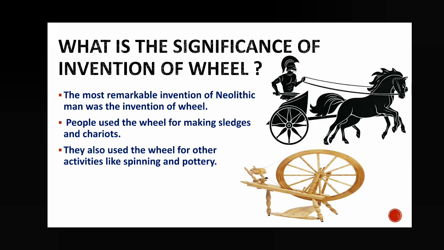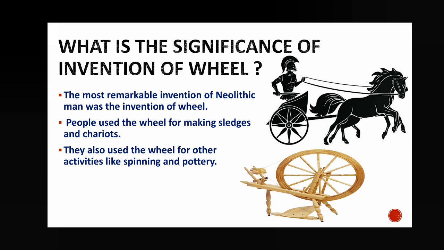So what is the significance of the wheel? The invention of the wheel, the most remarkable invention, as I already told, was in the Neolithic age. People used the wheel for making sledges and chariots. The chariot's picture is given here. It is one type of vehicle used to move from one place to another.